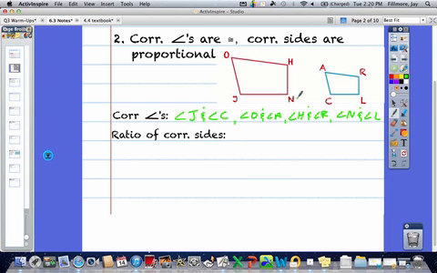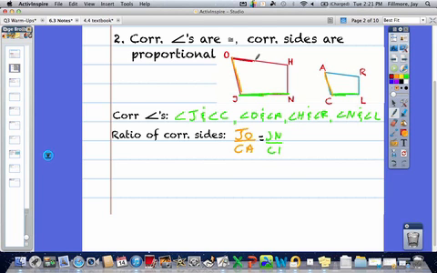When we're talking about the ratios of corresponding sides, if I pick one pair of corresponding sides, like JO and CA, I would say the ratio of JO to CA. If I were to pick a different pair of corresponding sides, like JN and CL, since these sides are proportional, these ratios should be equal, as we saw in our activity.